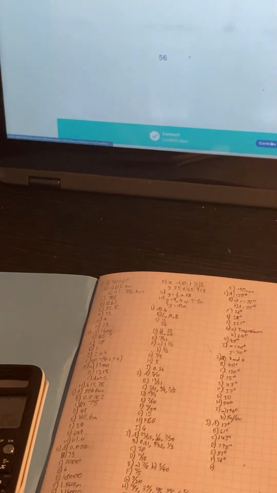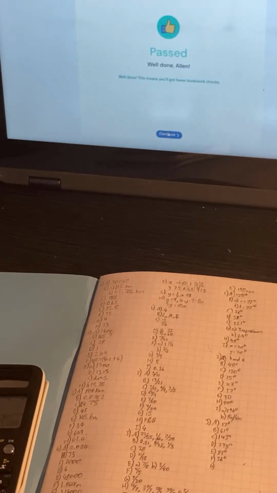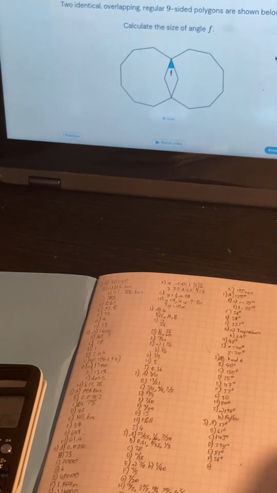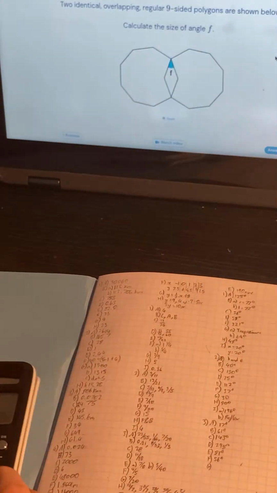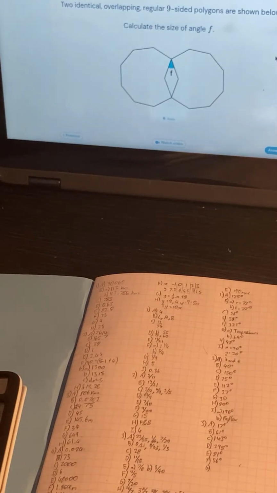EFG. 1H. Right. Oh, I saw a 1 and I thought it might be that 1D question that I don't know the answer of. Two identical overlappings, what the hell? That's the interior angle. So interior angle is 180 times 7, divided by 9.